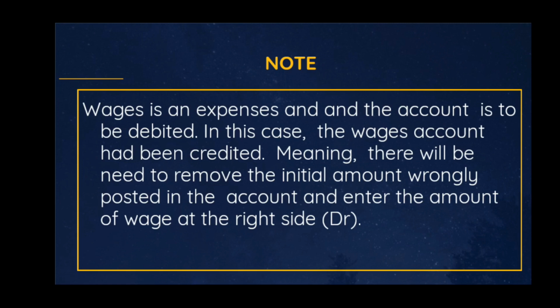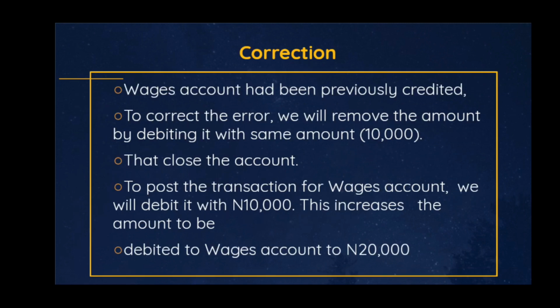So to correct the error, we remove the amount by debiting it with the same amount, 10,000 naira. That will close the account, that is, correct the error that was initially made. And now we make the posting into the wages account, which is 10,000 naira.